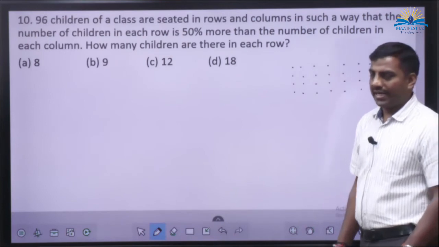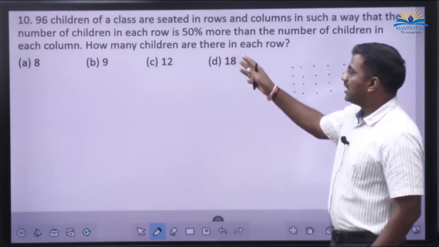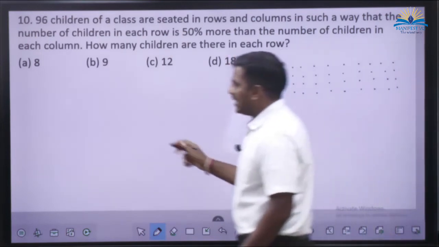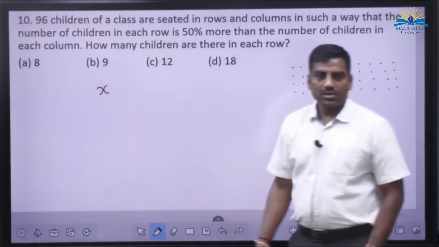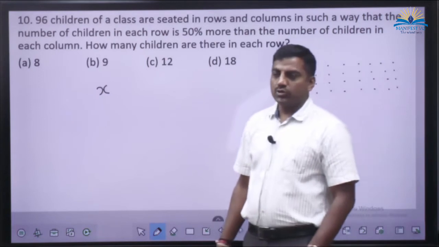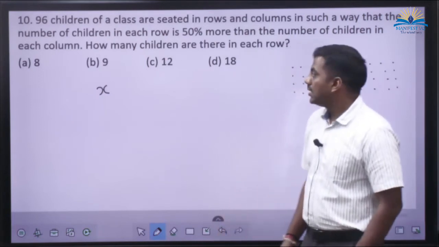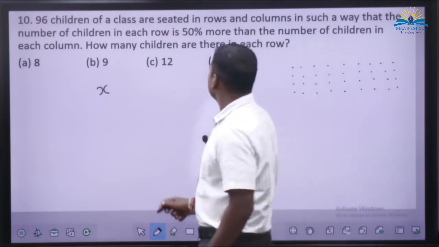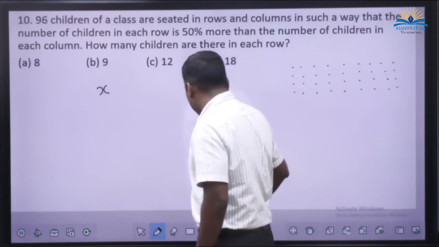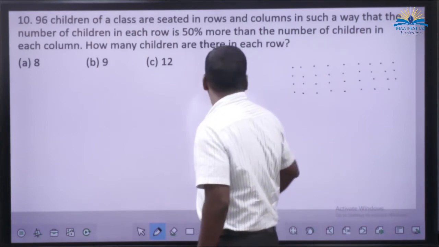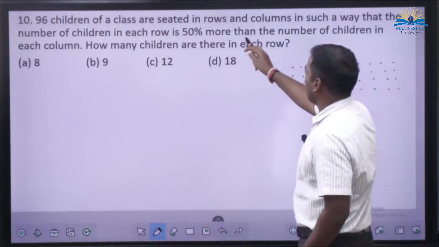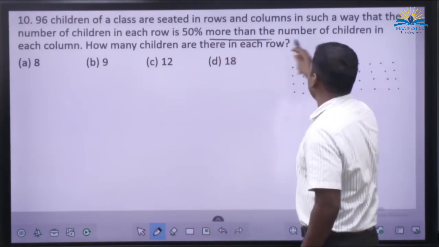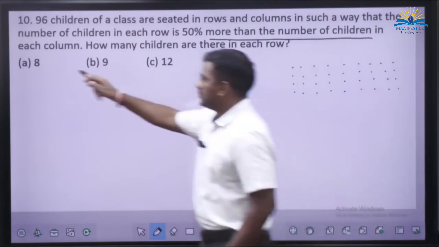So now, what they are telling is the number of children in each row. They are expressing it as 50% more than the number of children in each column.